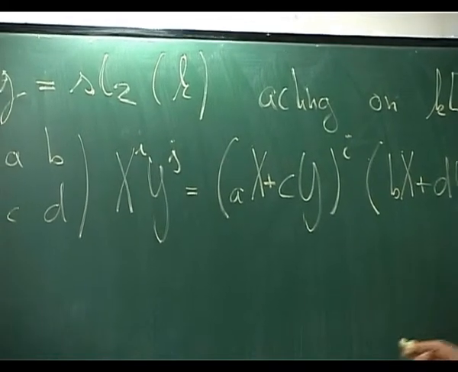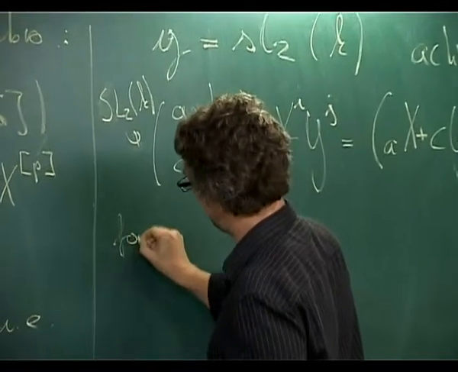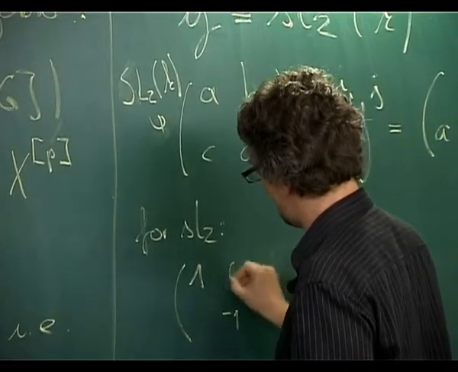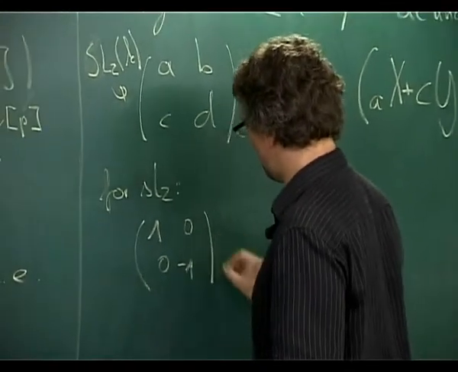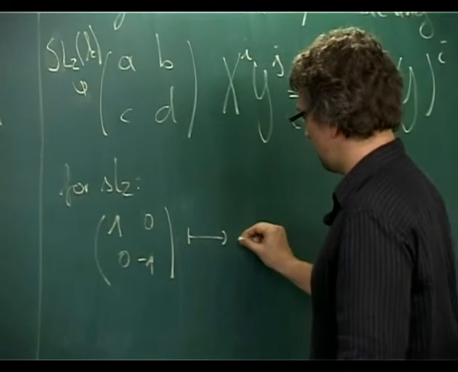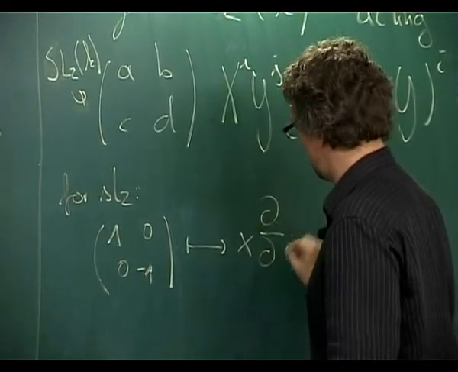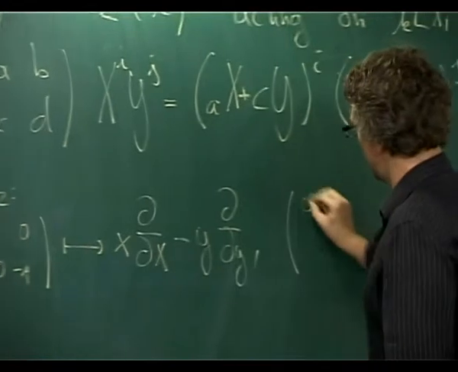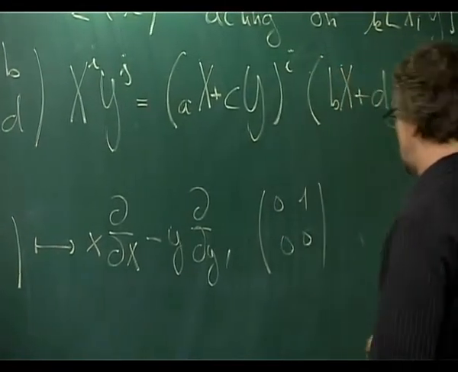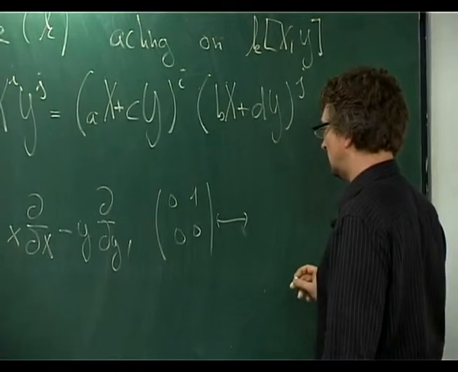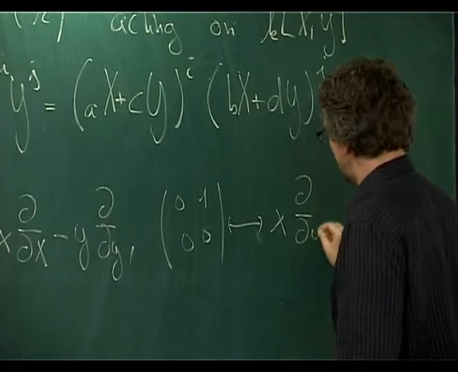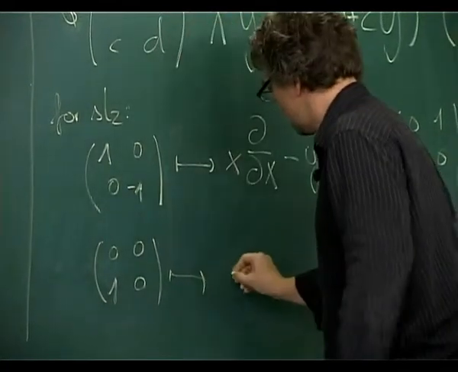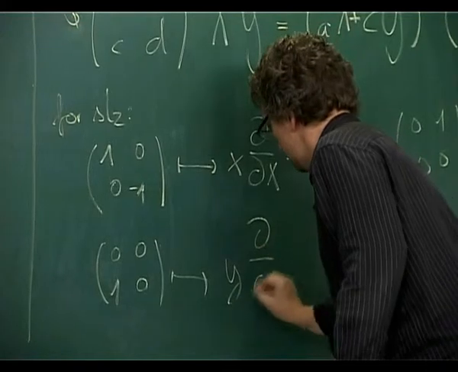If you differentiate this action, you get the following. For SL2, the diagonal element (1, minus 1) of trace 0 will act as the operator x d/dx minus y d/dy. The upper triangular matrix will act by x d/dy, and the lower triangular matrix will act by y d/dx.